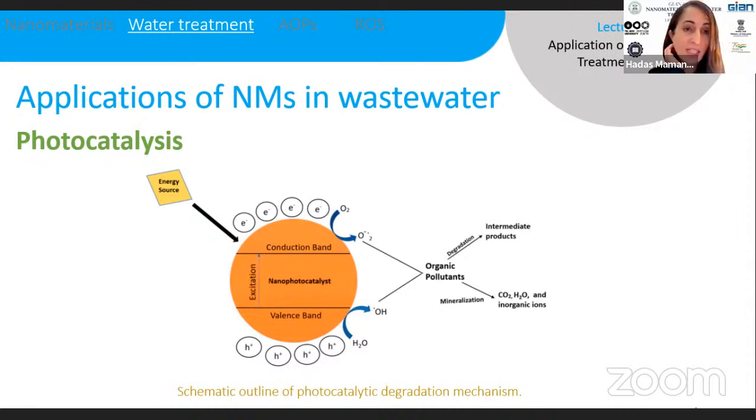So as we discussed, the semiconductor material is activated upon exposure to UV or visible light. Today there is a trend of designing photocatalysts that can be activated with UVA or visible light, and can provide the surface areas where redox reactions can occur. So this is basically the process.